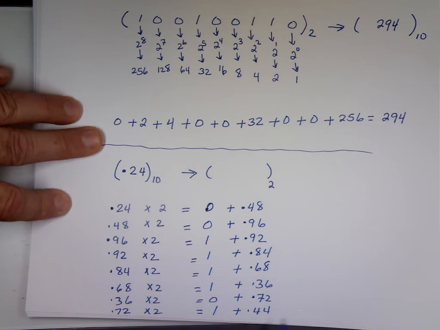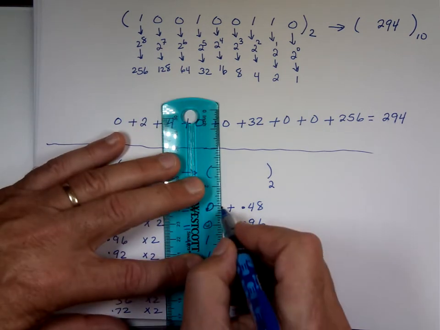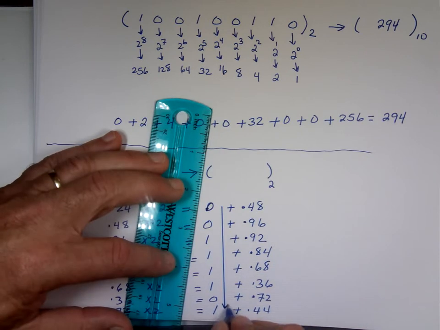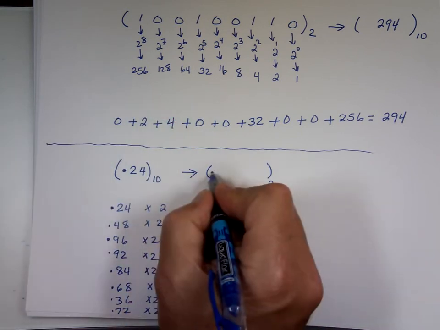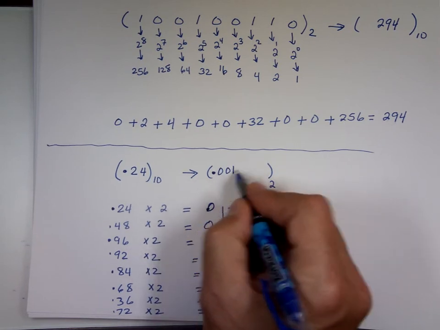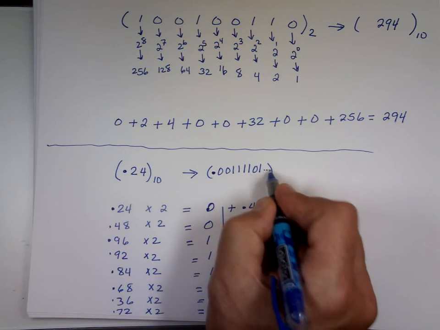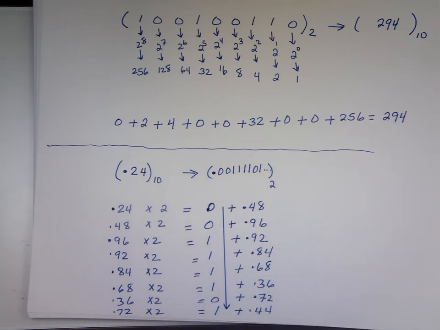And sometimes there's no end to that, so with a decimal value we read them down. So the answer in binary, here's the decimal point, 0, 0, 1, 1, 1, 1, 0, 1, and more. There's more digits to come. I just ran out of space.